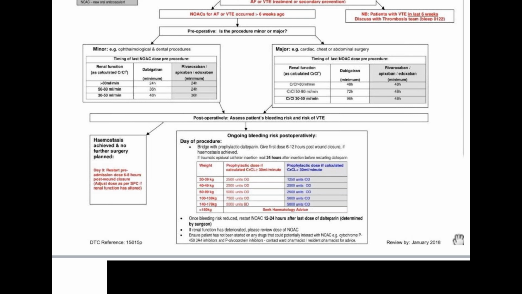Okay, so once the bleeding risk is reduced, we will resume our new oral anticoagulant 12 to 24 hours after the last dose of the heparin. Mostly we give it at the same time as the next heparin dose.